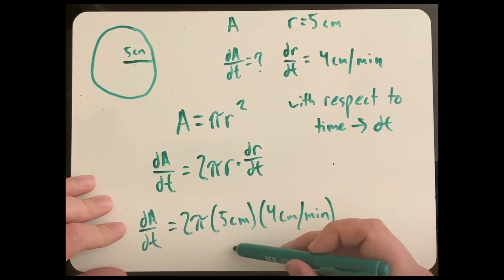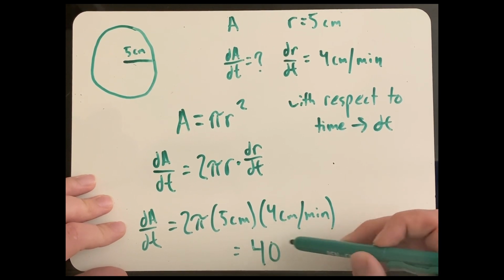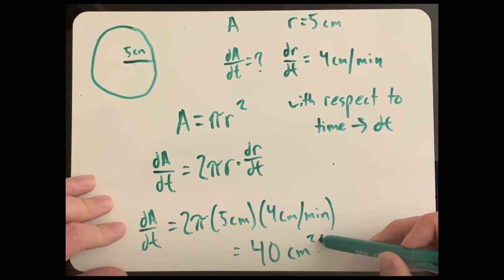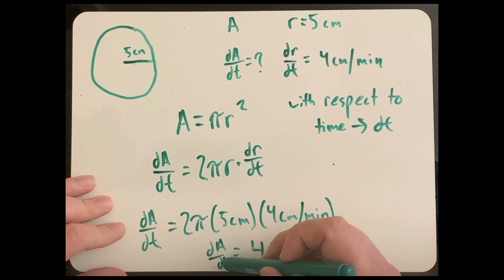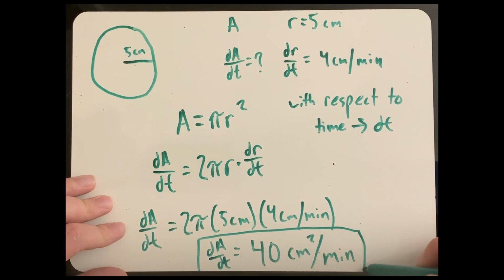We multiply that all together, and be very careful with your units. We have 40 pi centimeters, times 2 centimeters, so we have centimeters squared per minute. All right, and that's your dA over dt. There you go.